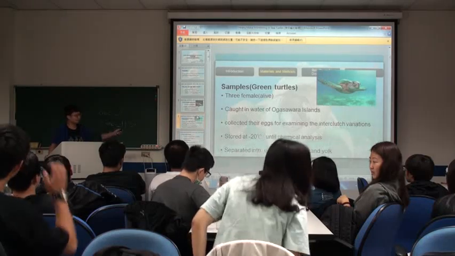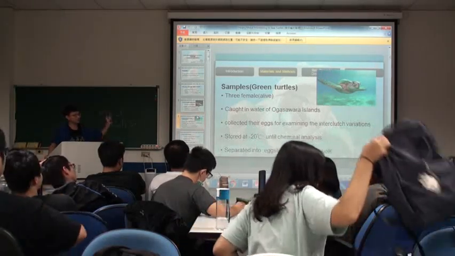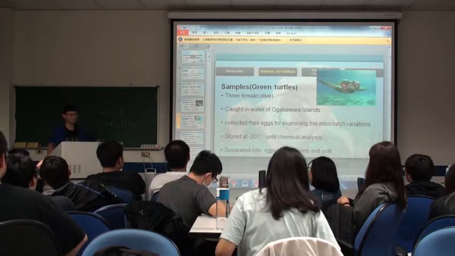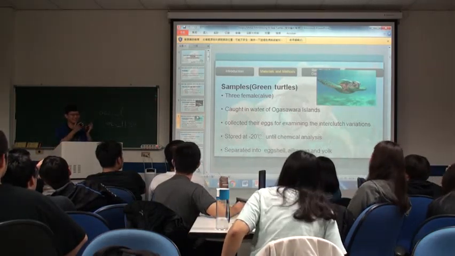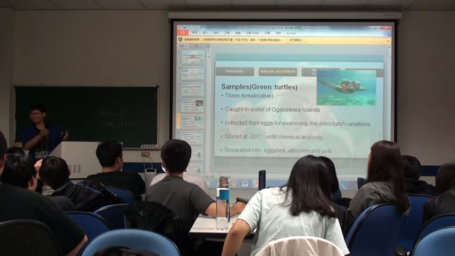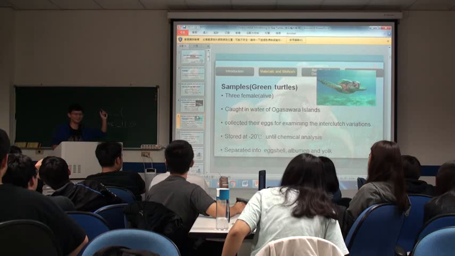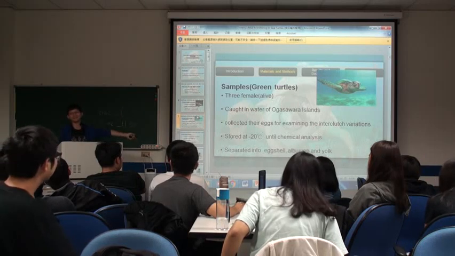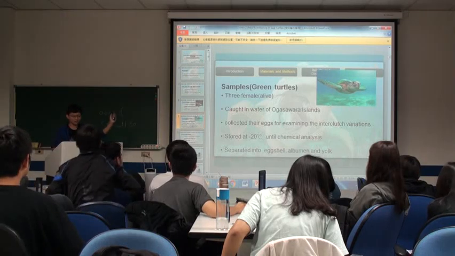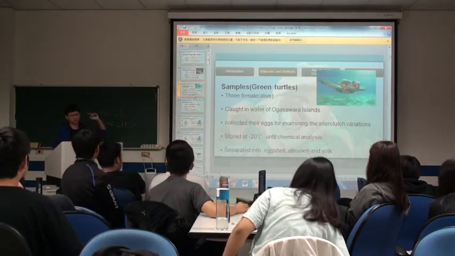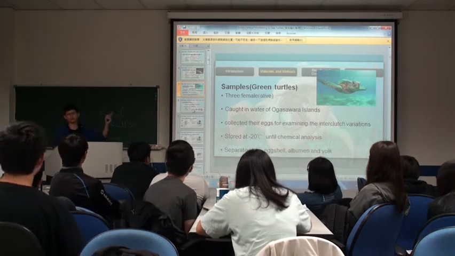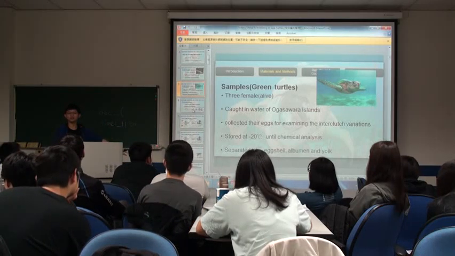Eggs, because the scientists are here and observe the sea turtle lay, so they can know the clutch number and know which turtles lay.